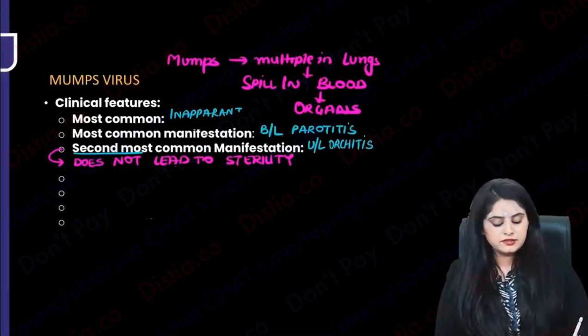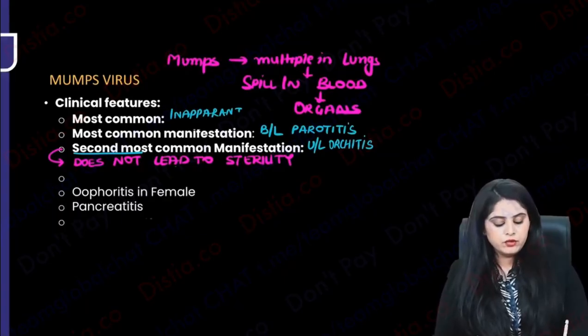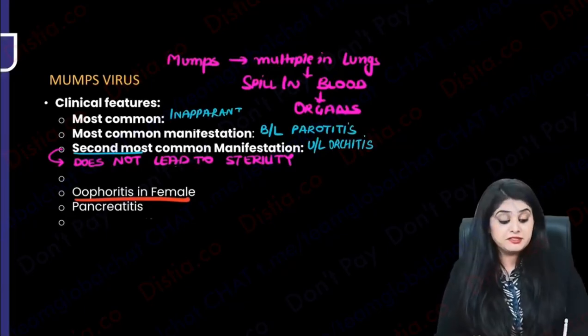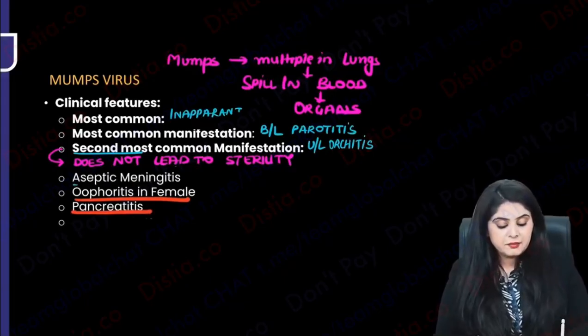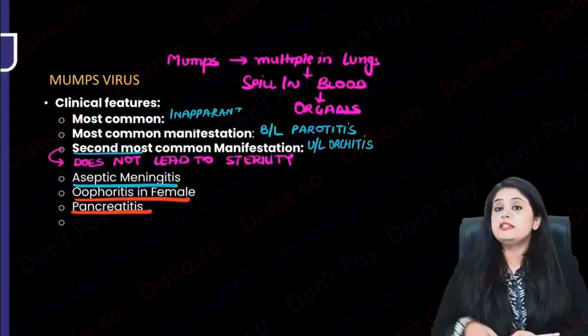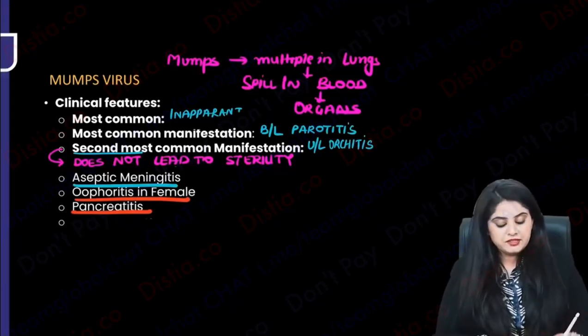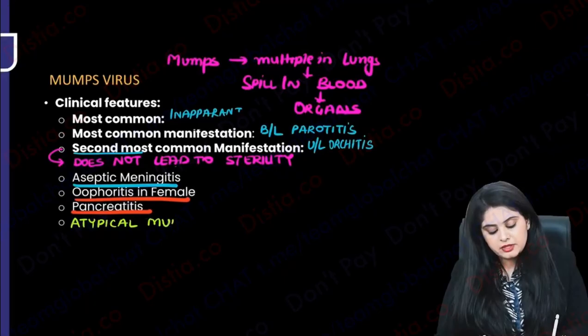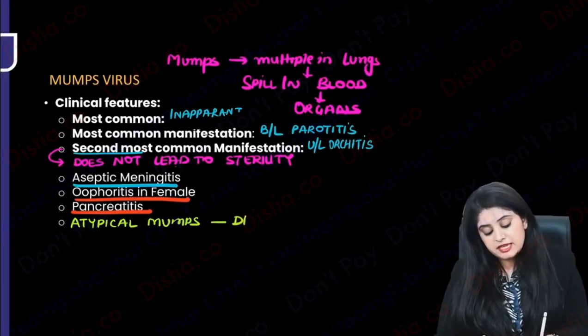What are the other things that it can have? Can it have oophoritis in females? Yes, something in females also. So oophoritis in females. They can also have pancreatitis, and guys, brain involvement. Aseptic meningitis is also possible. In fact, there is a condition known as atypical mumps, and atypical mumps means there is directly going to be meningitis.